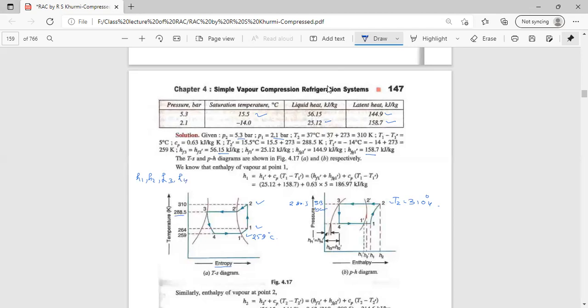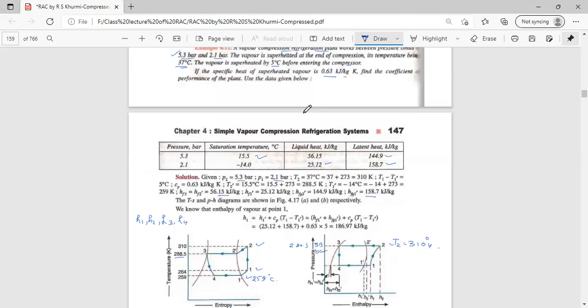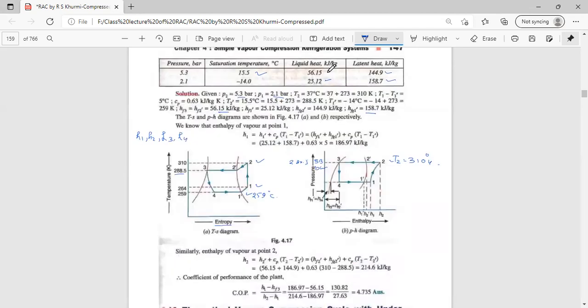The specific heat is given here as 0.63 kilojoule per kg.